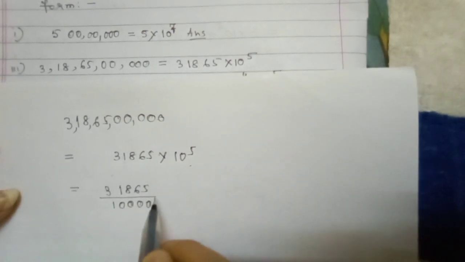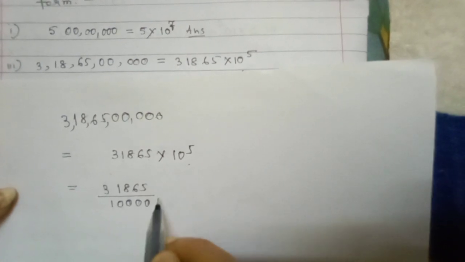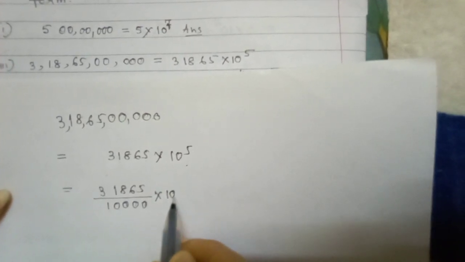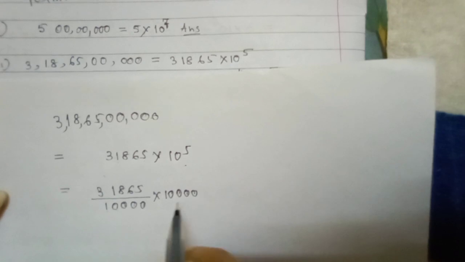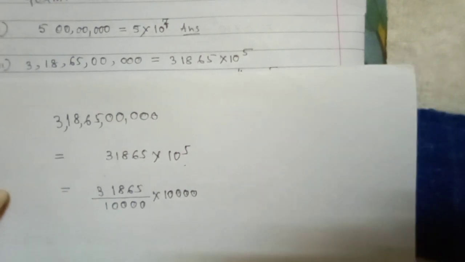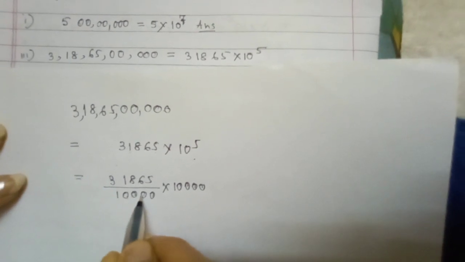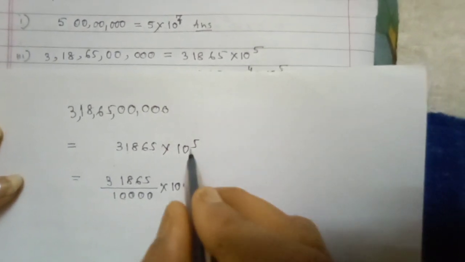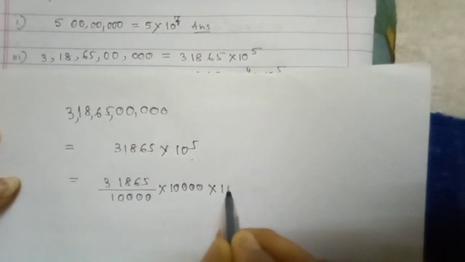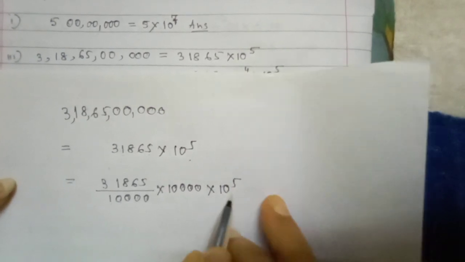And as I have divided by 10,000, I have to multiply it by 10,000 also, because without any reason I can't divide any number. So it is 10,000, and this 10 to the power 5 is already there, so keep it as it is.